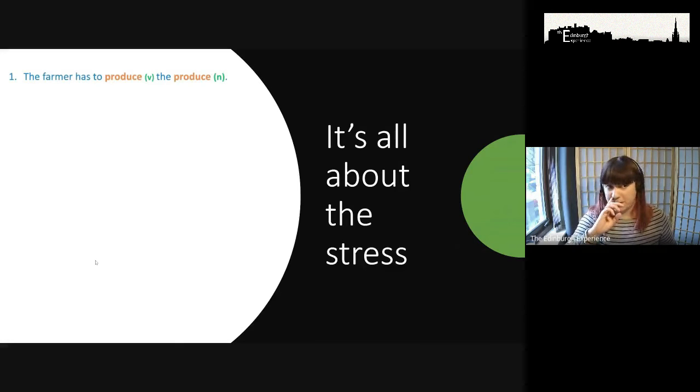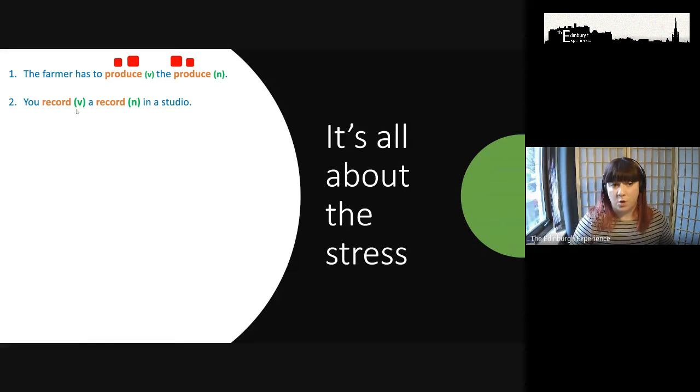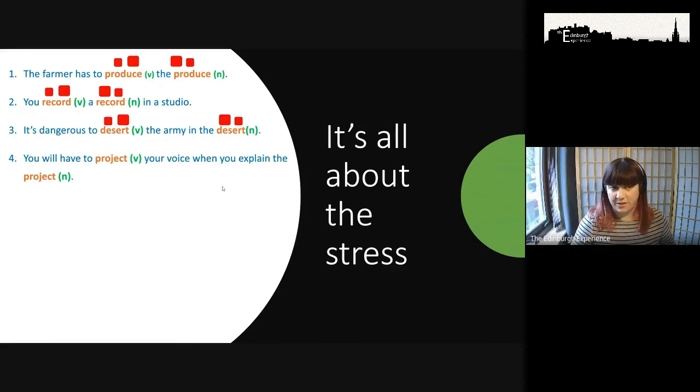So if we have our first sentence there, the farmer has to produce the produce. We've got our stress on the verb like this, produce, and the noun like this, produce. You record a record in a studio. It's dangerous to desert the army in the desert. You will have to project your voice when you explain the project.